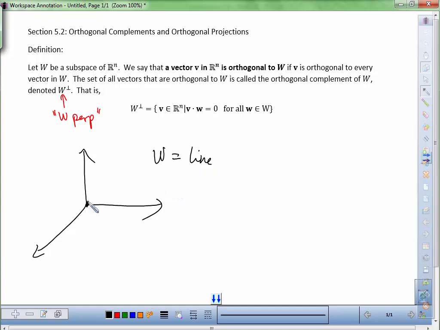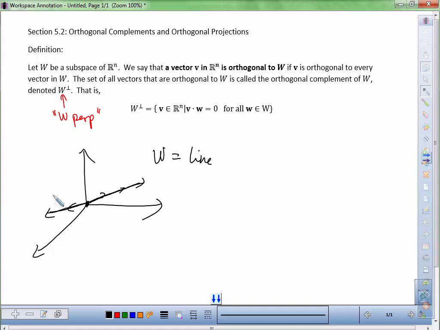Then W would be all these vectors from the origin to somewhere on this line. So basically it's just a scalar multiple of a vector that defines that line.